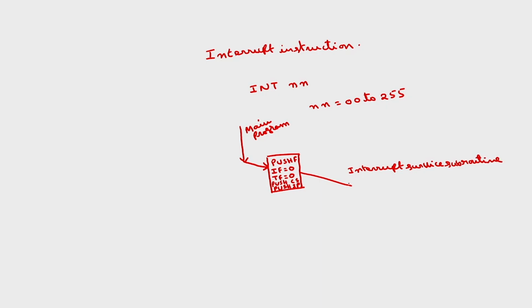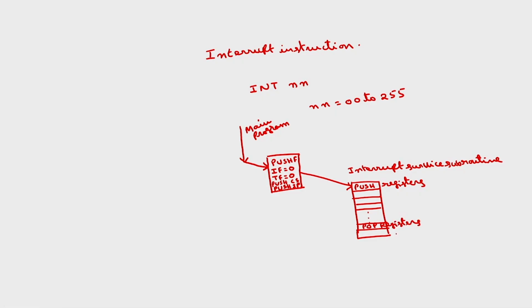In the interrupt service subroutine, first it will push all the registers, then it will execute the subroutine, and before returning, it will pop all the registers. This is why it has to push and pop all the registers.